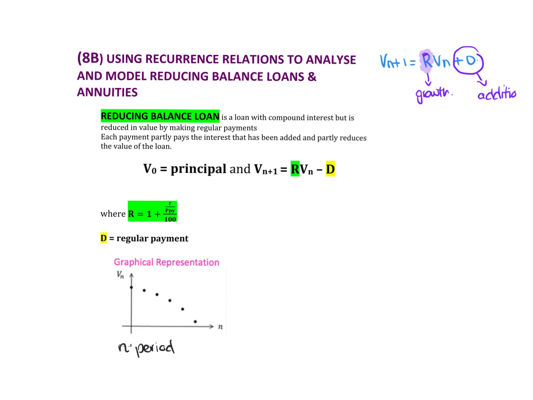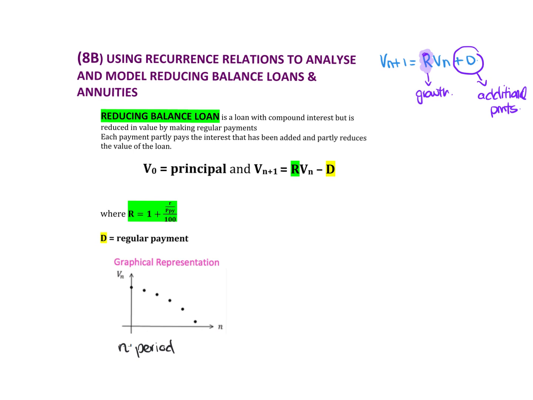So today we're going to talk about another scenario, and that is a reducing balance loan. So this is generally what happens in a loan situation. We borrow money from the bank, and we're then going to make payments to pay off that loan.